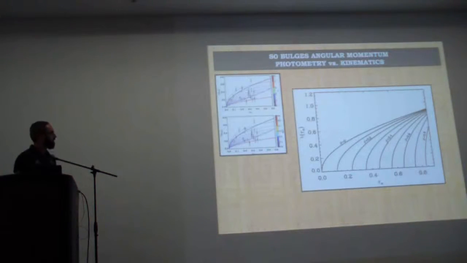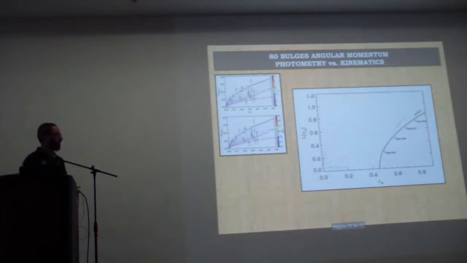So basically, let me remind you what is in this plot. This is the lambda epsilon diagram. In this case, what I have plotted is just lines of constant anisotropy for the edge-on view of a system. So here is the line of an isotropic oblate rotator, and then when you increase the anisotropy, you move from left to right. But if you pick only one anisotropy, then for each intrinsic ellipticity, you will have all the variation from the edge-on view to the face-on view.